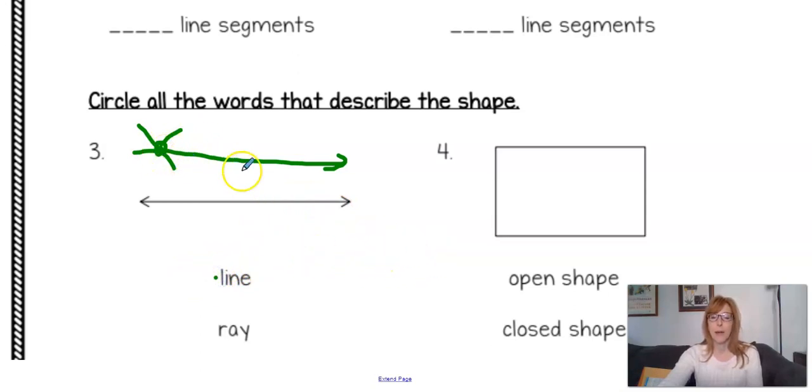This is a ray. Then over here, you are looking at this shape, and it wants you to circle the word that describes it. Hopefully you're seeing it has 4 sides, and we know a 4-sided figure is a quadrilateral. The specific name of this quadrilateral would be a rectangle.